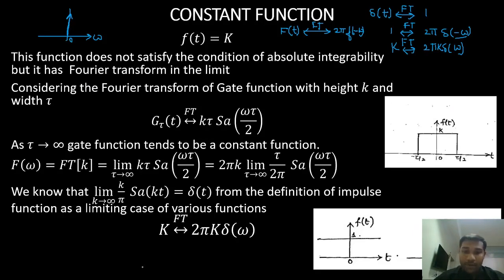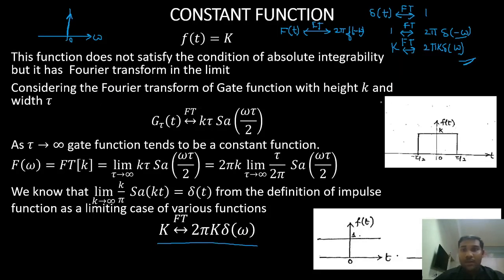That is my Fourier transform of a constant function. For a constant k, the Fourier transform is 2 pi k into delta of omega. This is a simple method of finding. Here we are showing you a different method of calculating the Fourier transform for a constant function.